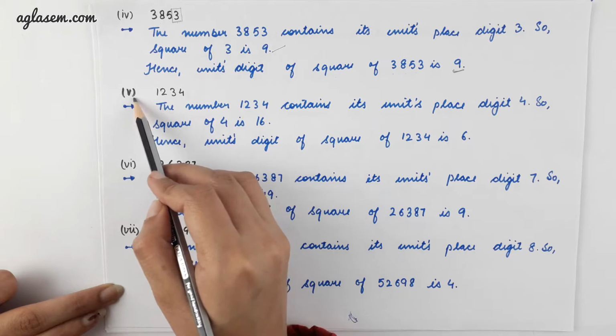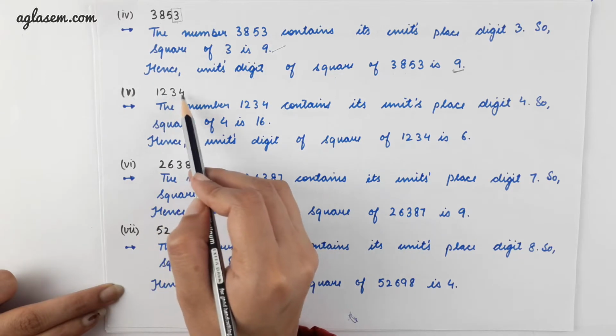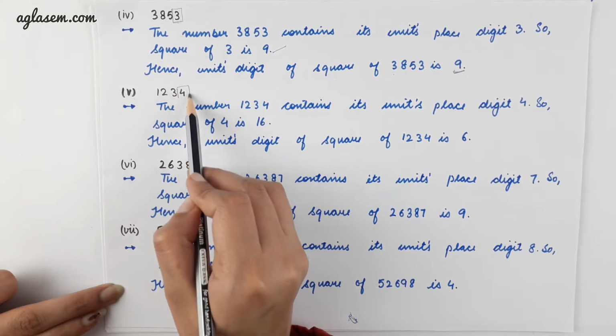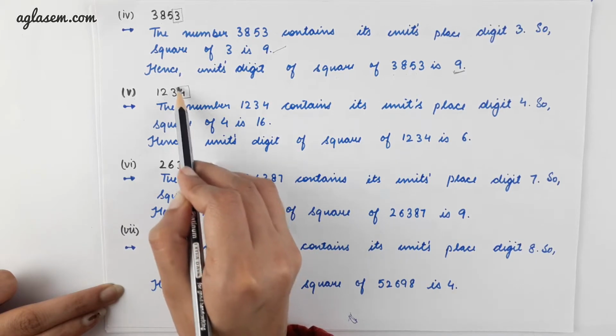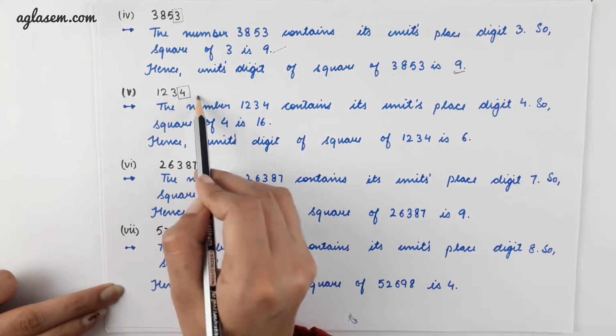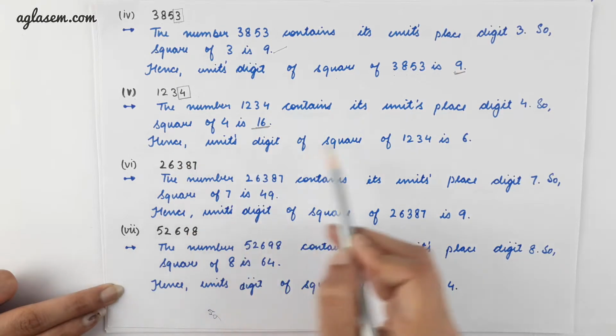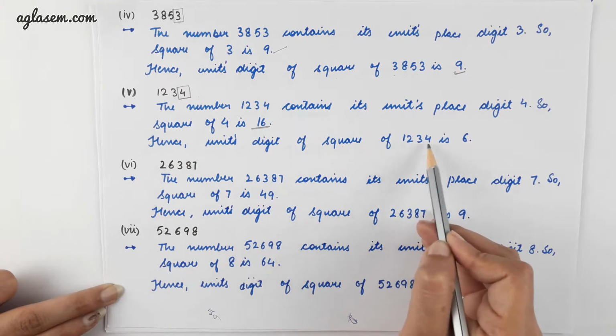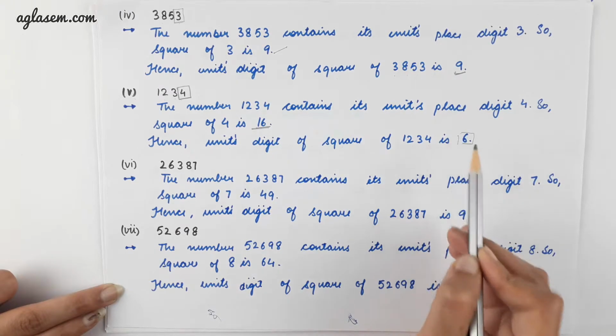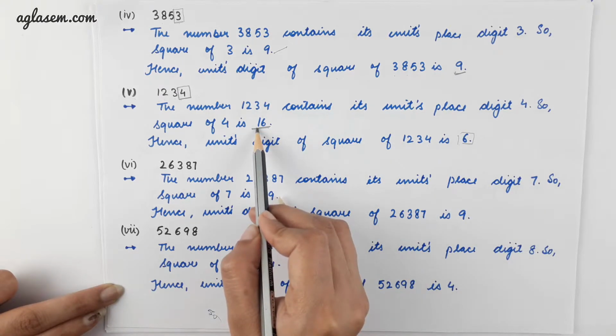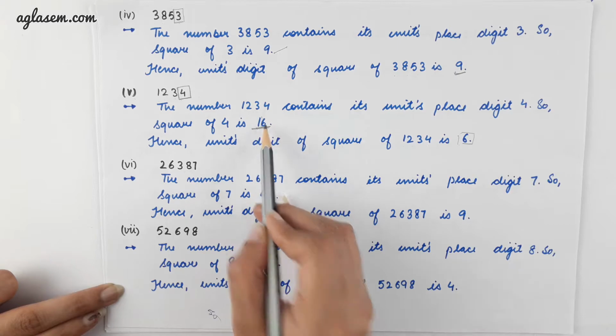Moving to the fifth part, it is 1234. Here also we will just take the unit place, that is 4, and the square of 4 is 16. Hence, the unit digit of the square of 1234 is 6. Why 6 and why not 16? Because the unit place of 16 is 6.